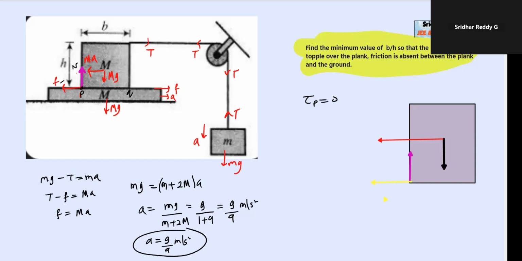Okay, these are the forces on the upper block: mg, ma, normal contact, and the friction. h by 2. Okay, now the net torque about point P, we'll check it.